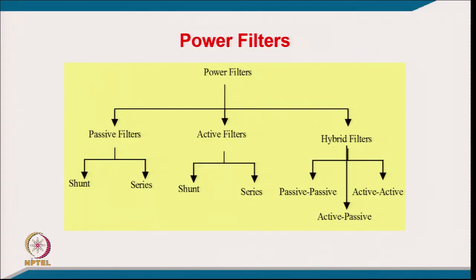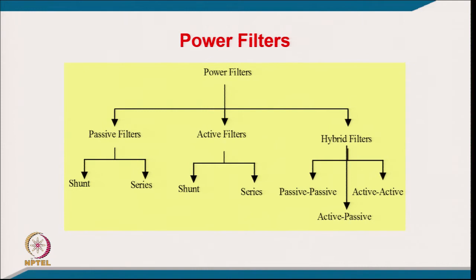Coming to the classification of power filters, they can be classified into passive filters, active filters, and hybrid filters. A passive filter can be a shunt passive filter or a series passive filter. Similarly, active filters can be active shunt filters and active series filters, and hybrid can be a hybrid of passive-passive, or active-passive, or active-active.